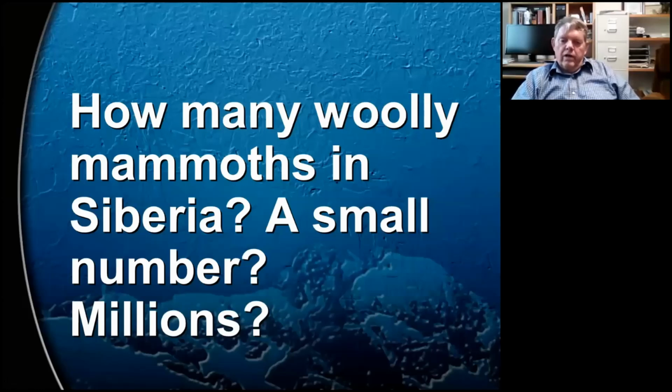But first of all, we need to know how many woolly mammoths we're talking about in Siberia. Is it just a small number, which really wouldn't be too unusual, or are there millions, which would be a major mystery? Well, according to the experts that work in Siberia, the number is in many millions.